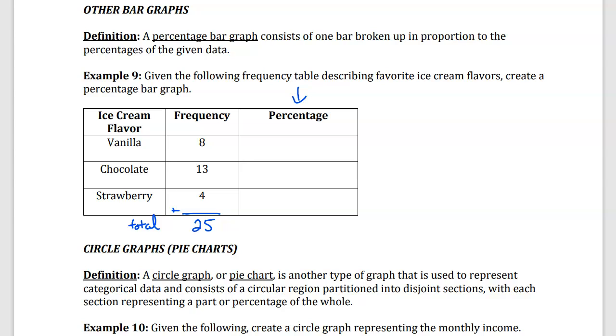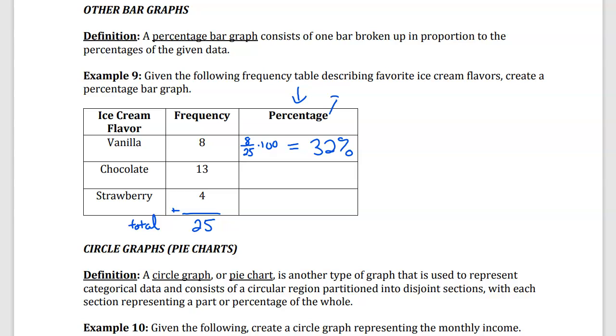To find my percentage, I'm going to take 8, my frequency, divided by my total, and then multiply by 100. So 8 divided by 25, and then I multiply that by 100, and I round that, and I get 32%.